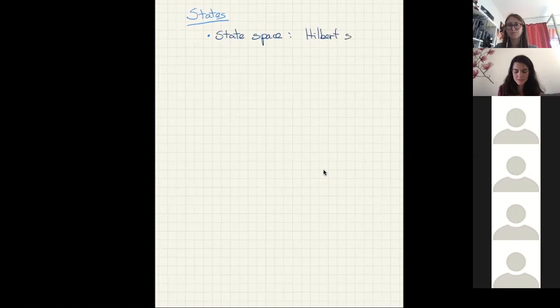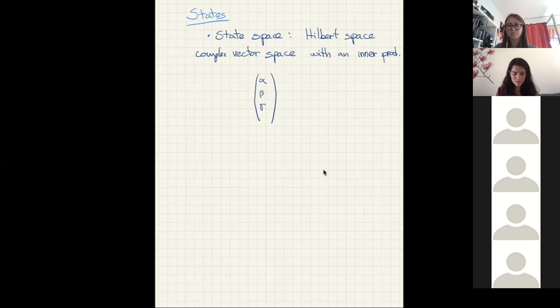is a Hilbert space. And what this means is that it's a complex vector space with an inner product that's well behaved. And what this means is that it's a space of some dimension with entries in C, okay?